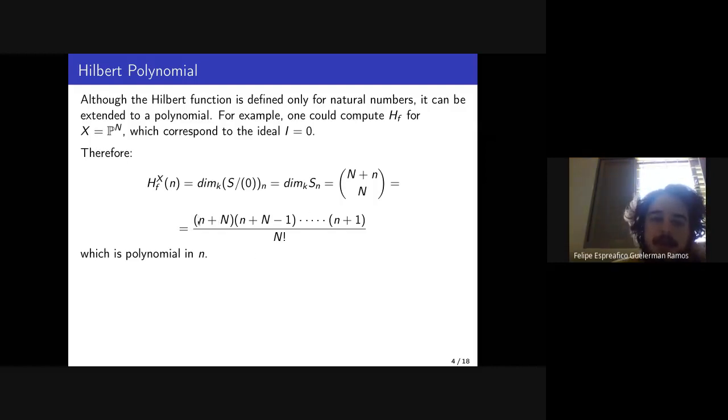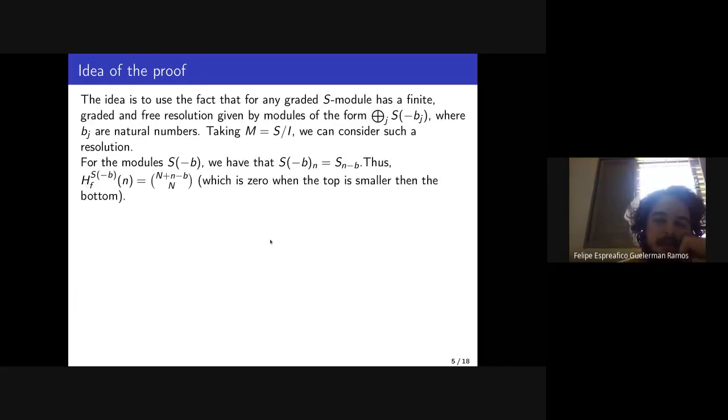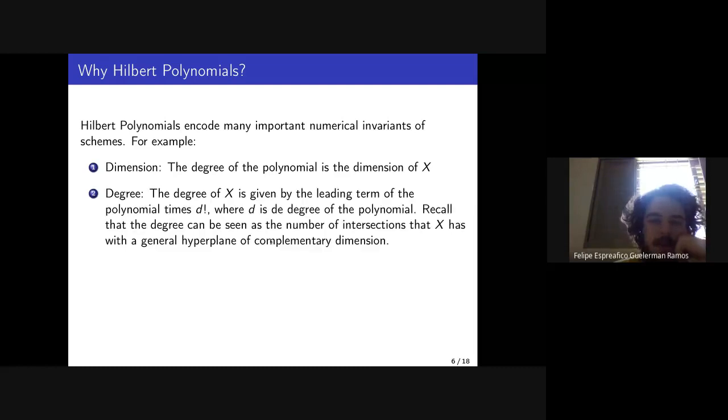So you have the degree of the polynomial will be this big N, and if we look at the leading term, we will get 1 over n factorial. So that's why we are multiplying by n factorial here. And of course, the degree is the number of intersections with a general hyperplane.